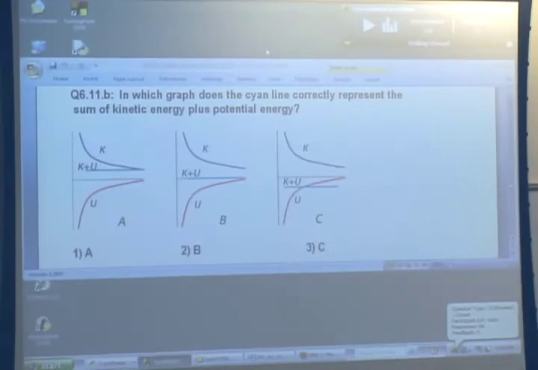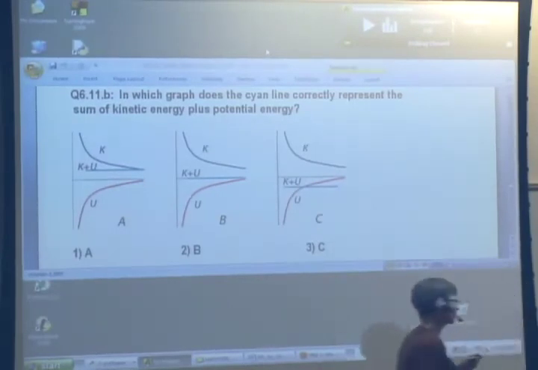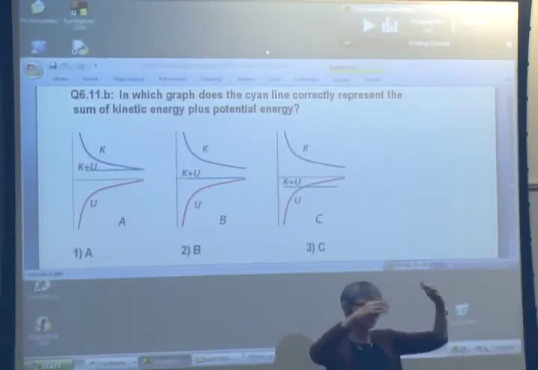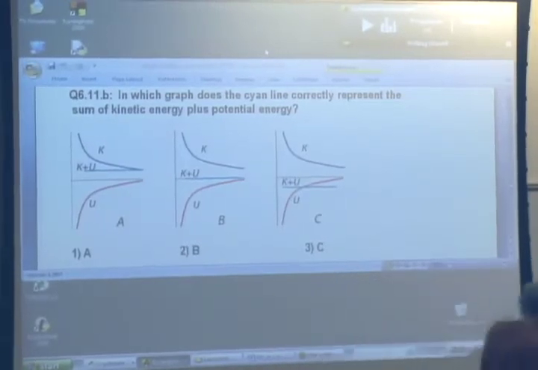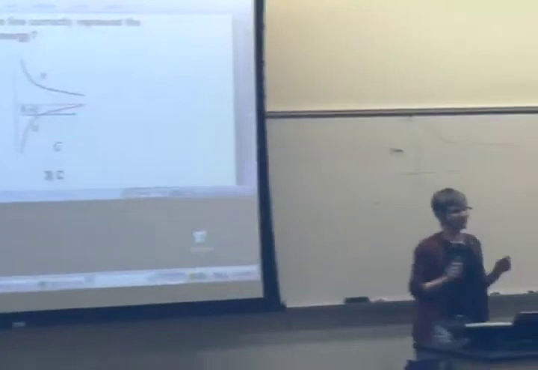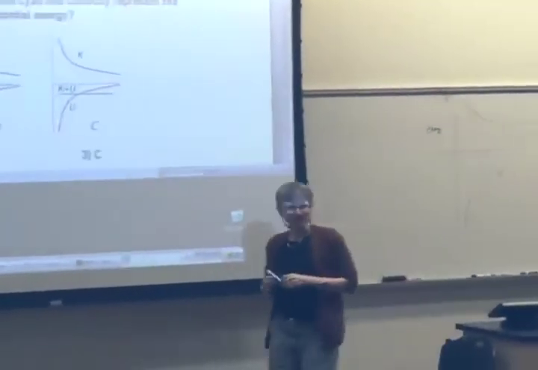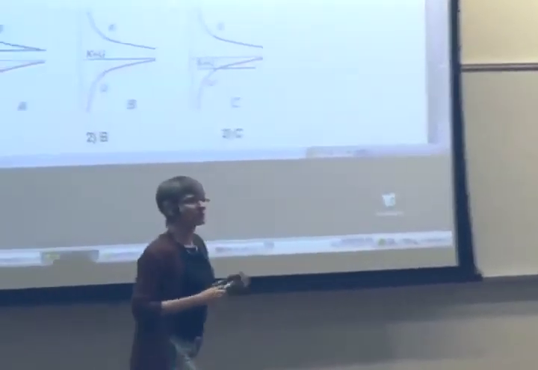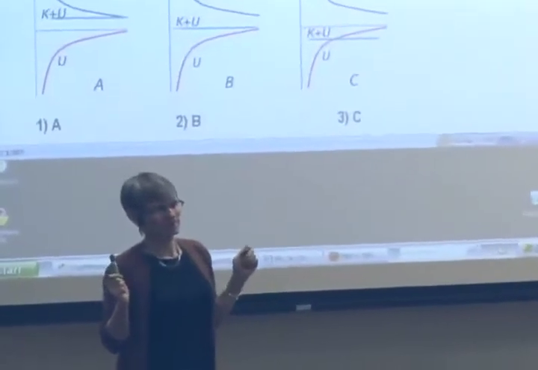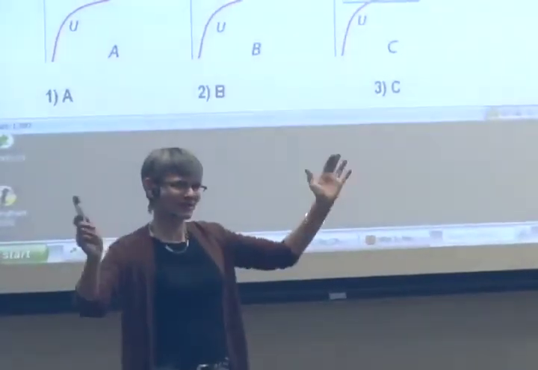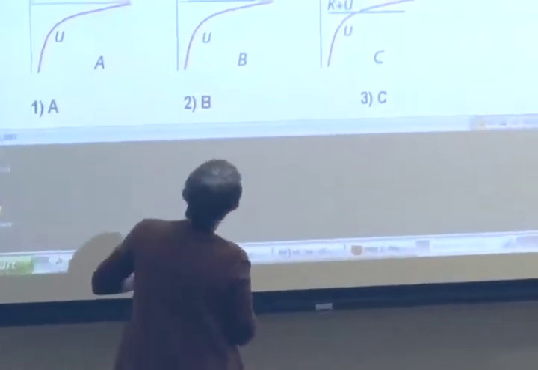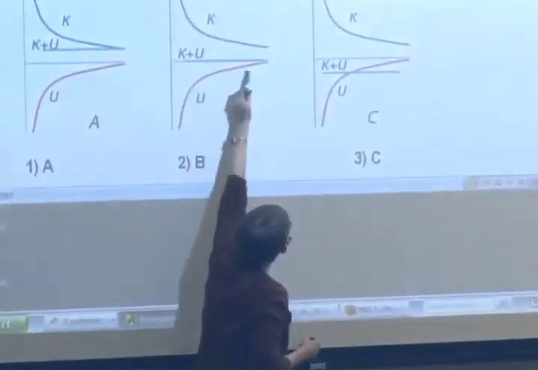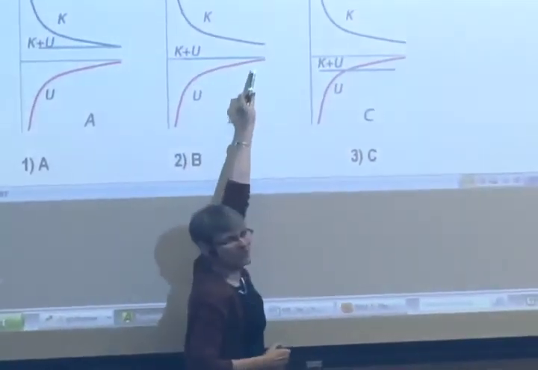Let's talk about heuristics for adding graphs. The thing to do when you're asked to add two curves is to find one or two places where it's easy to do. One place it's easy is where one of them is 0, because 0 plus something is that something. So here's the potential energy curve, and here it's nearly 0.